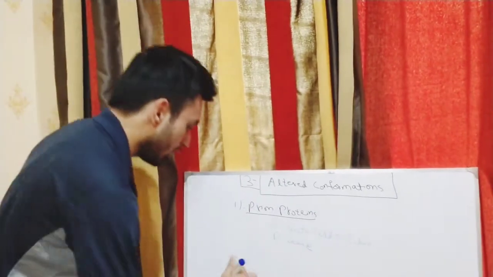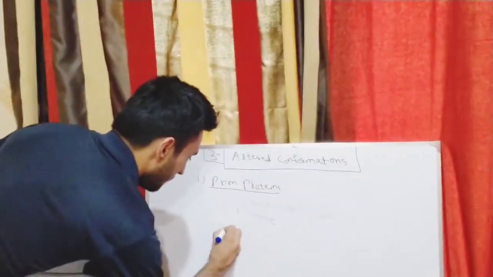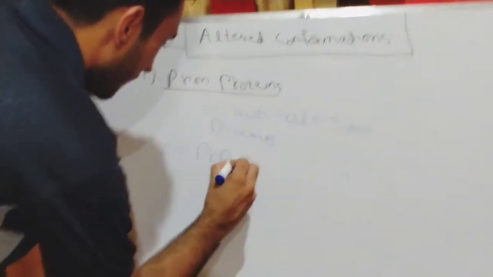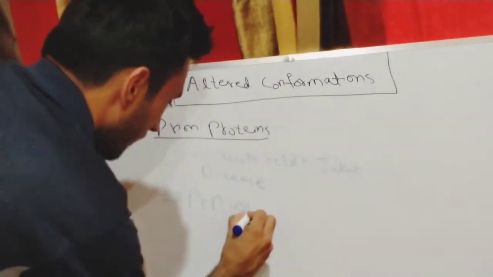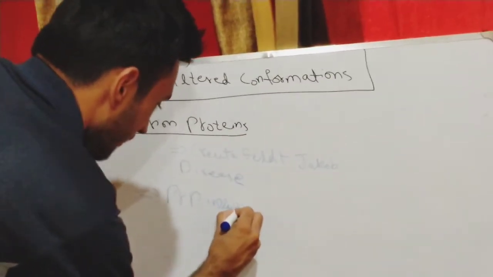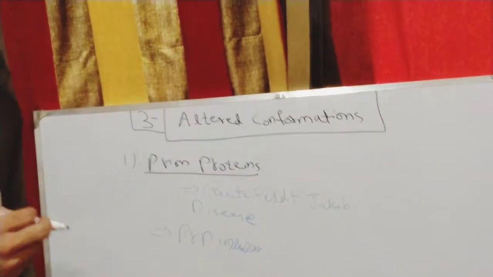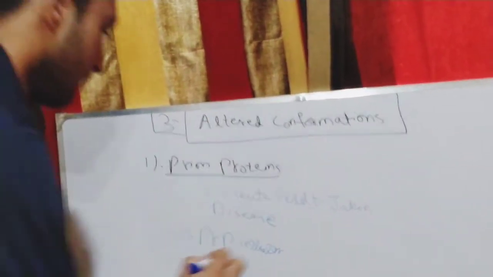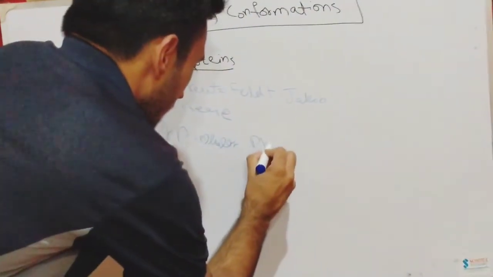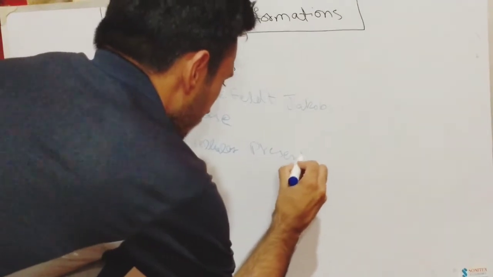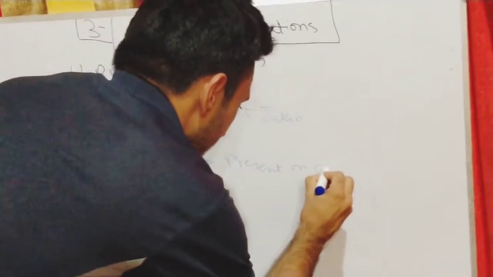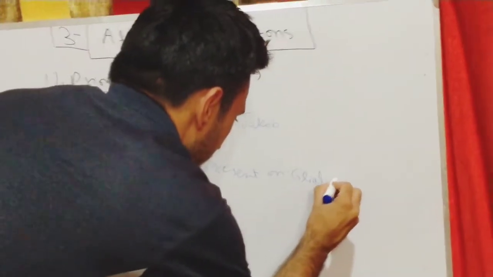Actually, there is a component which is known as PrP cellular, prion protein cellular, in our body, which is present on our glial cells and brain.